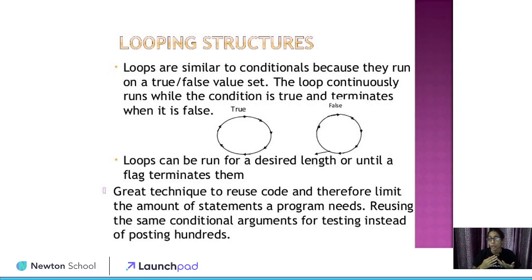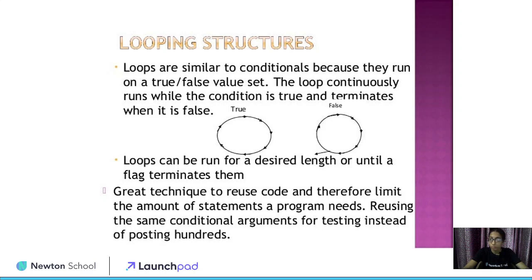If the shop is at a long distance, obviously you will take a vehicle. So if the condition is true it executes, but if it is false, the end of the program is reached. That is how loops are designed to run for a particular length or up to termination points.